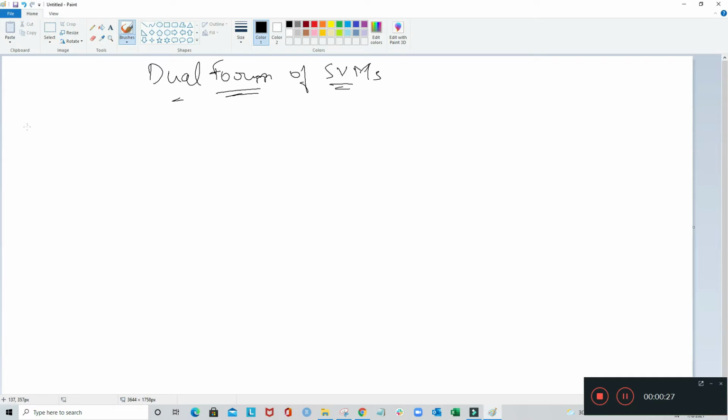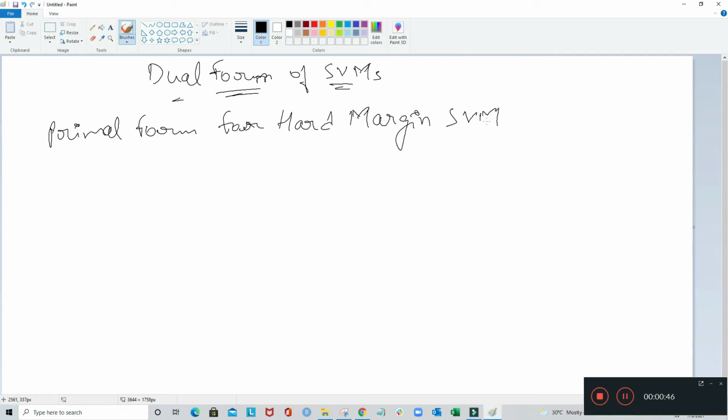So our primal form of SVM is, let me rewrite that equation. The primal form for hard margin SVMs is to find the minimum value.